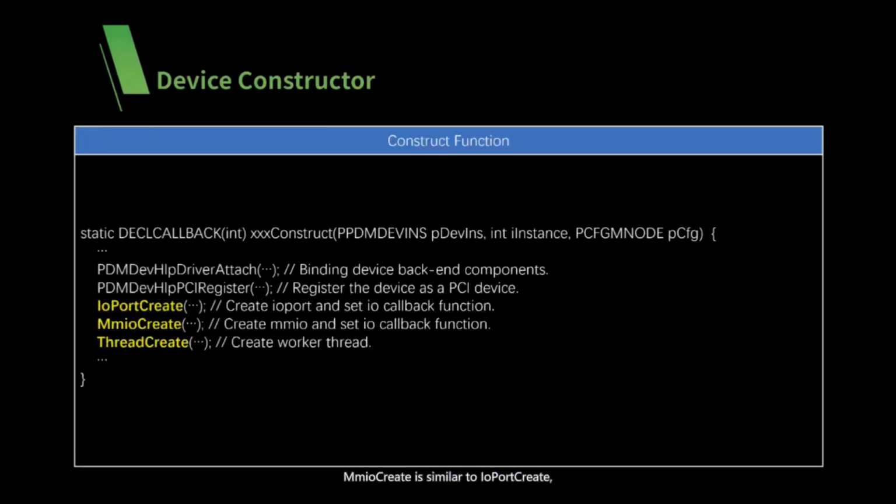MmioCreate is similar to IoPortCreate. It can be called by the mov instruction in the guest. ThreadCreate creates the working thread of the device, which contains the main logic of the device, so it requires us to review it in detail.